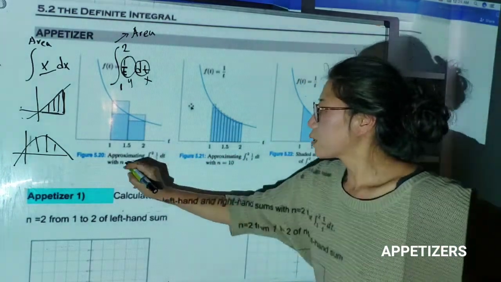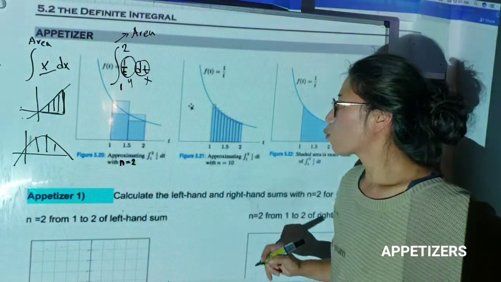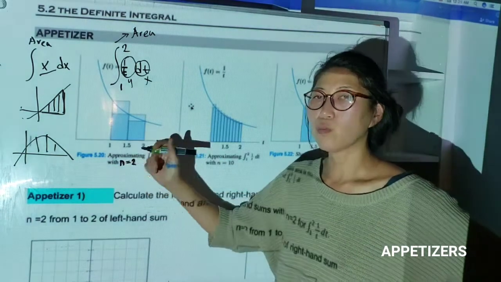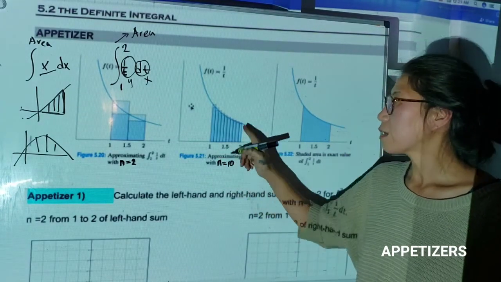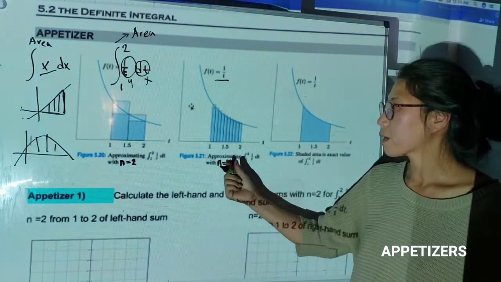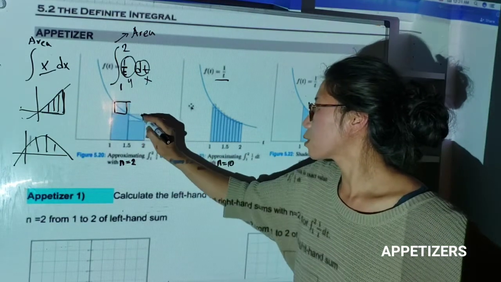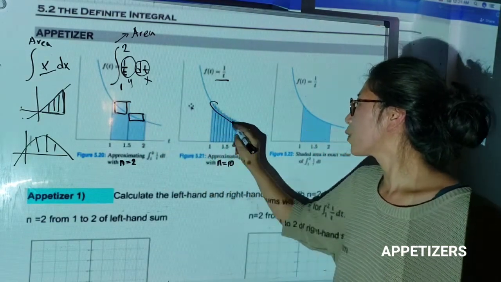In this case, we see n as 2, but whenever you make more rectangles, this one has n as 10. It's still the same function, but with more rectangles, as you see, my error is a lot smaller.